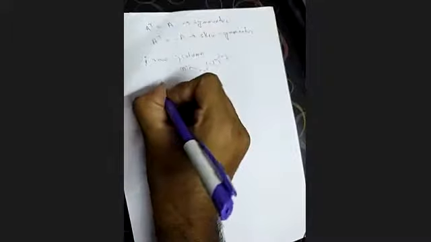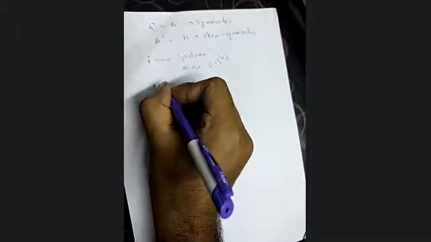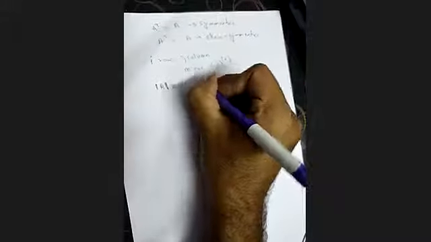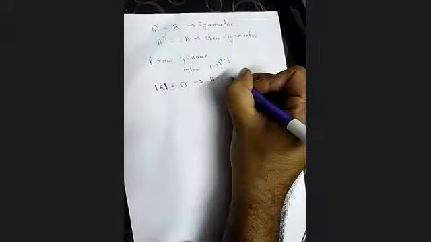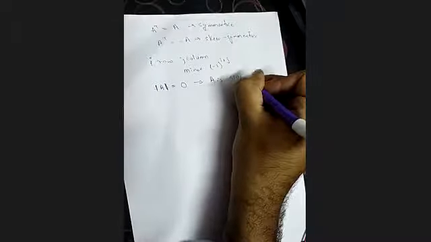So first of all, we'll see what is the determinant. We represent the determinant of A like this. If determinant of A is equal to 0, then A is a singular matrix.